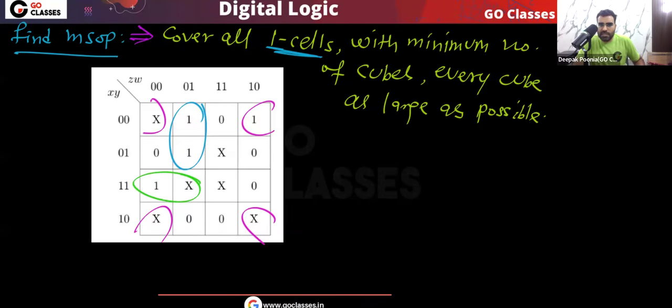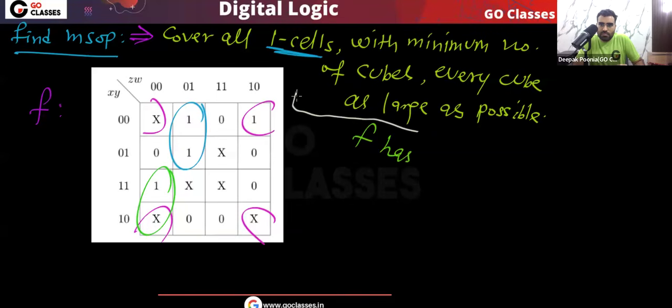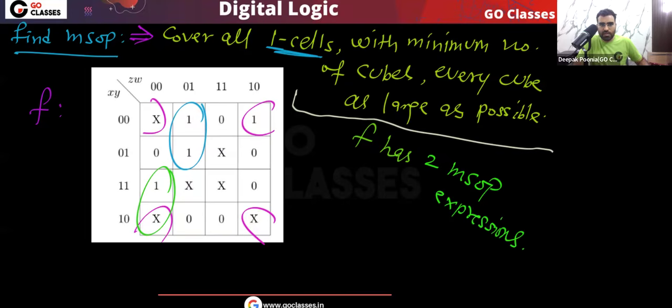So that's it. Basically, there will be 2 minimal SOP expressions, but don't worry, all the minimal SOP expressions will have the same number of terms, same number of literals. So you can see this function f has 2 minimal SOP expressions.